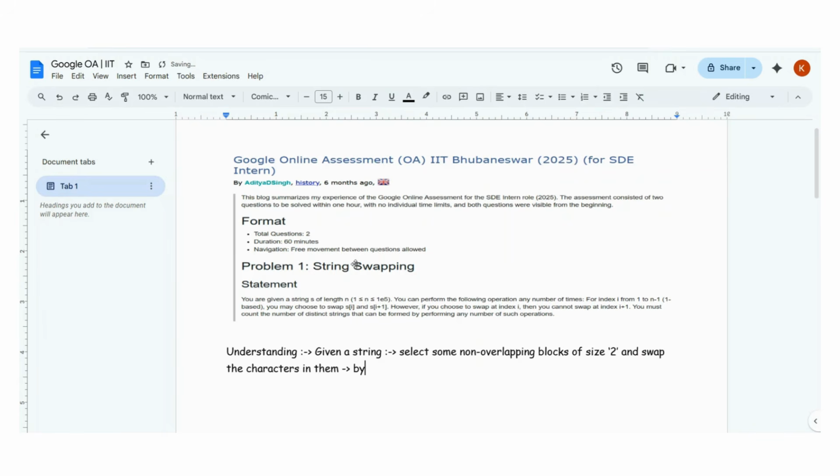By doing this process, how many different strings can you generate? How many different strings you can generate? So find it out. That's it. That's what the problem is asking you. So you can just be happy and try to do this thing.